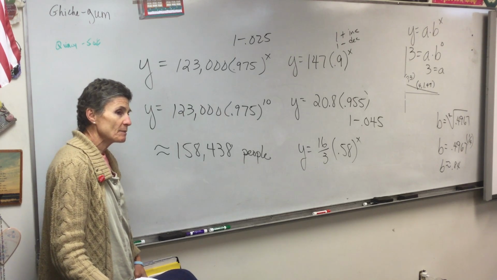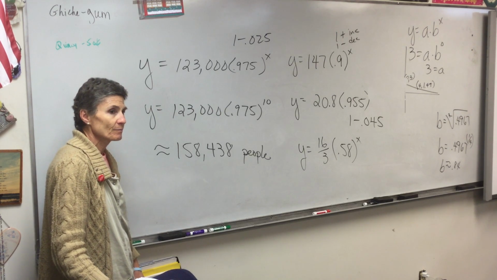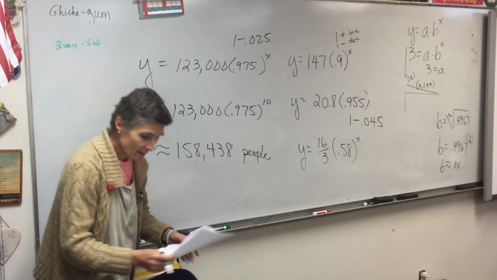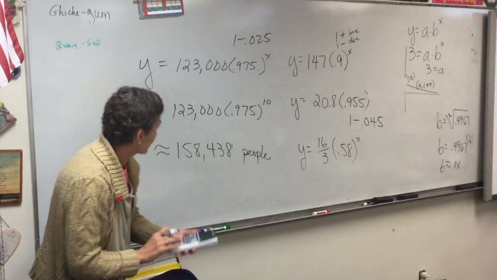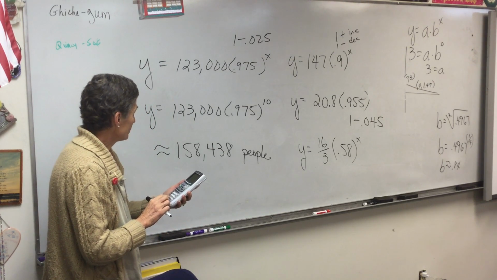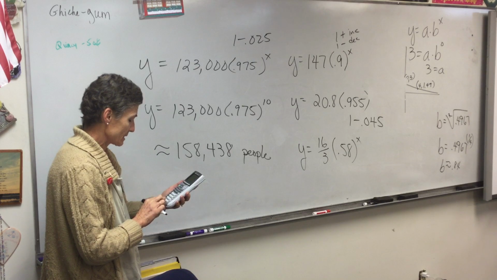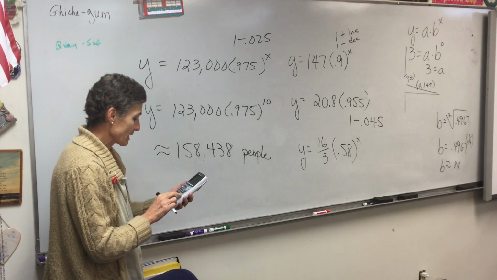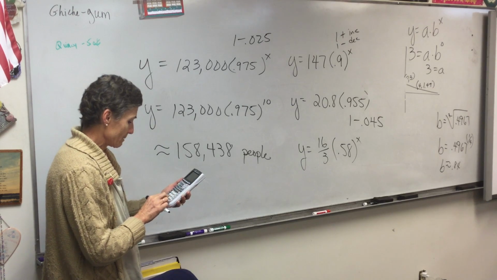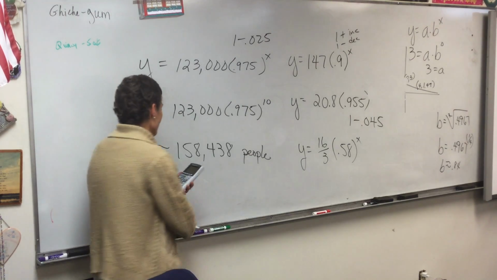Did everybody who typed that in get that answer? Oh, maybe I made a mistake. Oh, I did make a mistake. Just a second. For some reason, I hit divided by instead of times. Yeah, you're right.